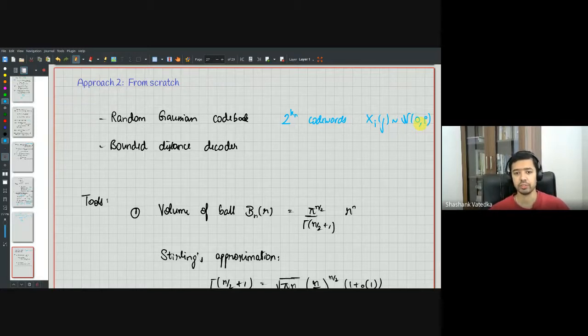Okay, so this is how you generate a code book. You generate a particular code book, and then this is shared between the transmitter and the receiver. And the decoder, now instead of using a typical set decoder, will use a bounded distance decoder.